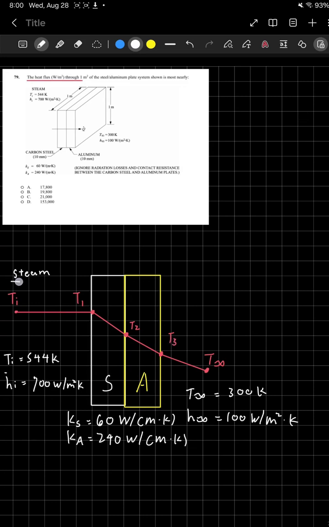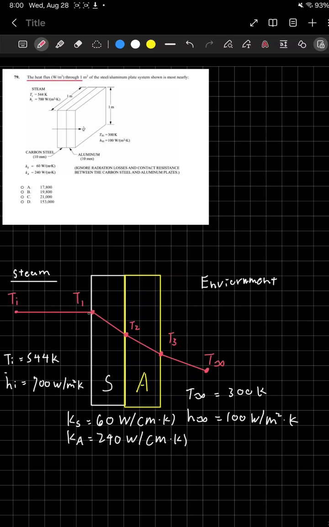So we have our steam here, and this side is our environment right here. And what happens is, there's a temperature Ti from the steam, which is 544 K, and it does a convective heat transfer to the surface of the carbon steel, and we will label that as T1.